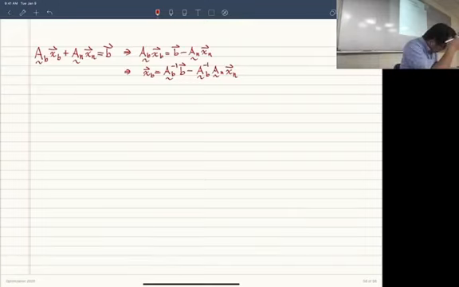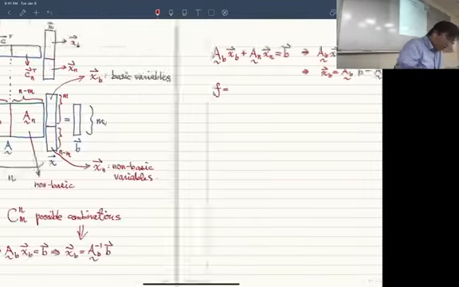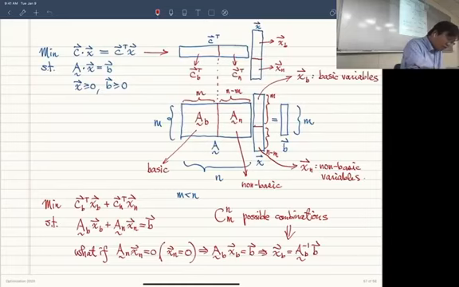And maybe we can use this to do something with our objective function. So let's look at our objective function. We know our f equals to here. We know our f is like this.